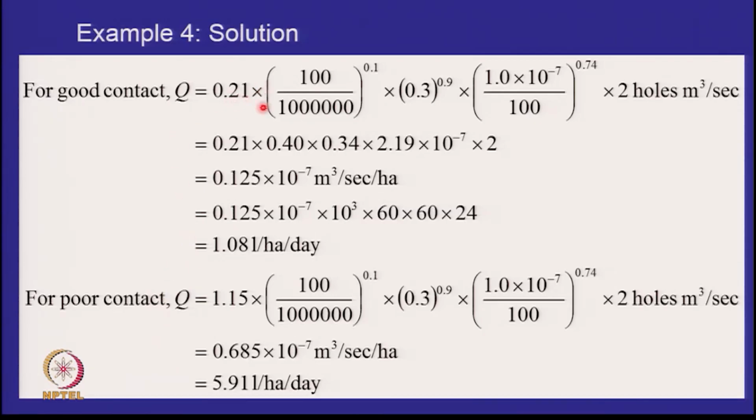Q into 0.21 into a to the power of 0.1, 0.3 to the power of 0.9, 10 to the power minus 9 to the power of 0.7 into 2. You'll have to use the function a to the power of b in your calculator, or you have to do log. Is anybody confirming this value? You also? Good. So for good contact, I am getting 1.08, and this is about 5 times.